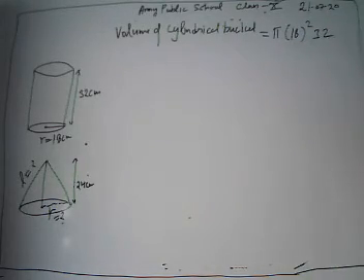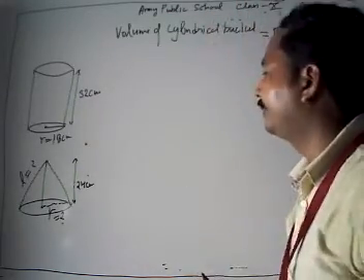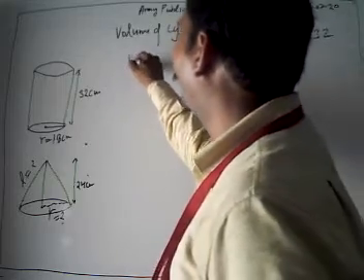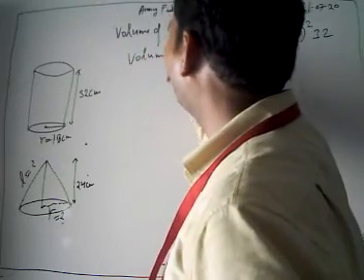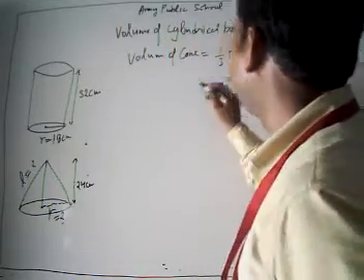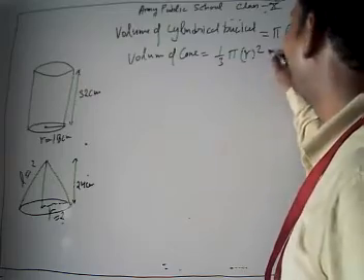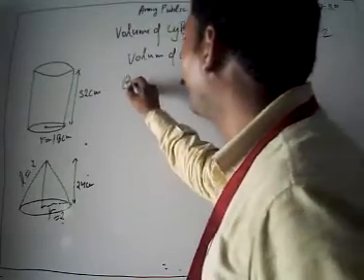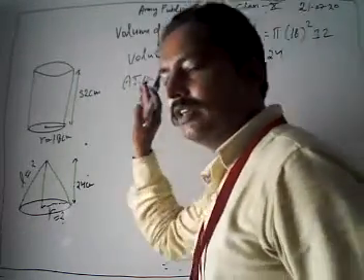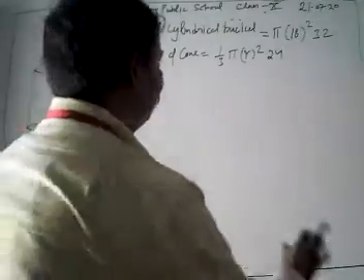This is the volume of the cylindrical bucket. And the volume of the cone is 1 by 3 pi r square h, where we need r and h is 24. In the whole process the volume is unaltered, so both are equal.